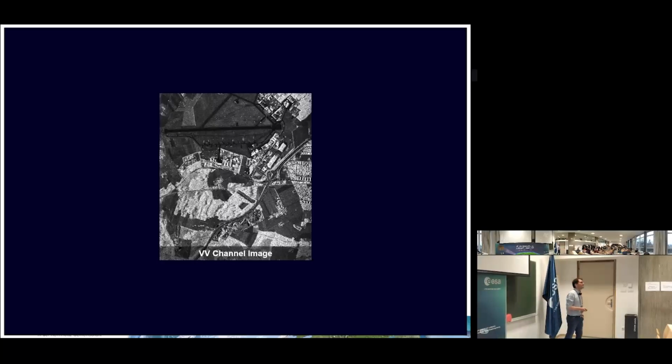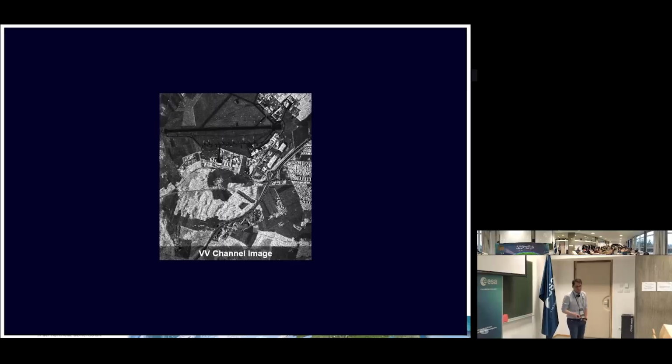But of course, many times to interpret what you have in an image, you need at least to know where this image was acquired. You need to know if this is a forest, if you have ice, if you have an agricultural field, whatever. But with this, you cannot do a lot.